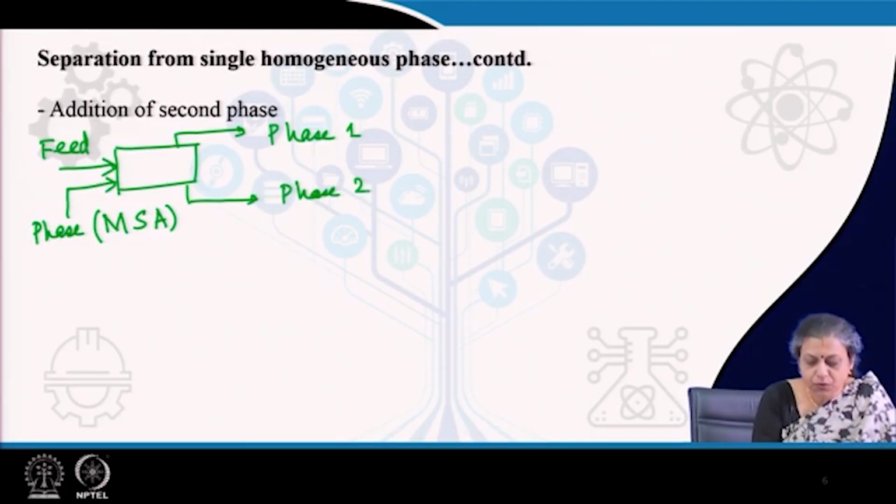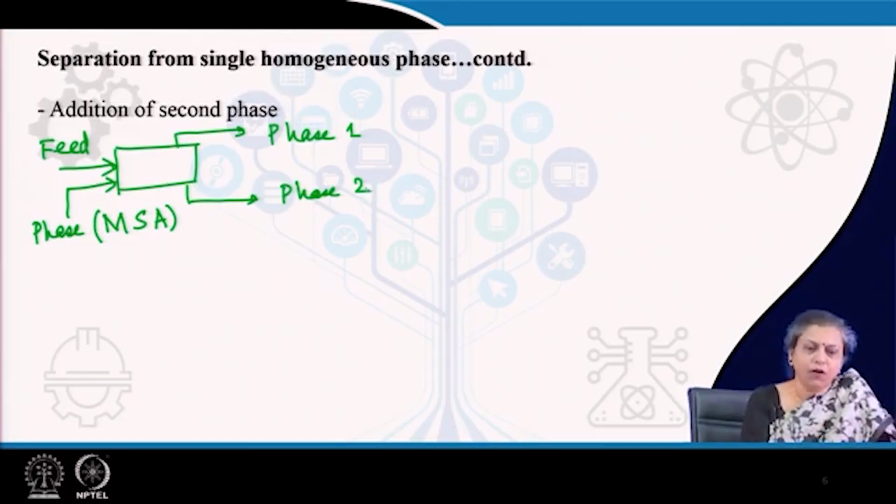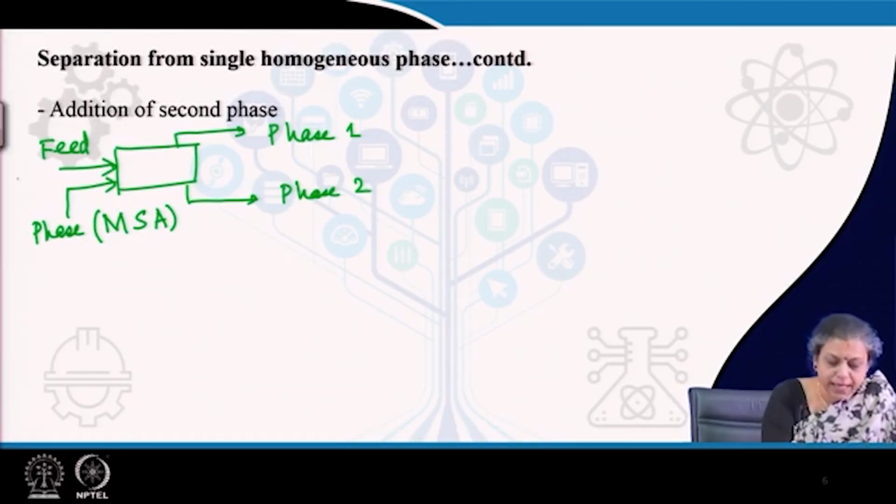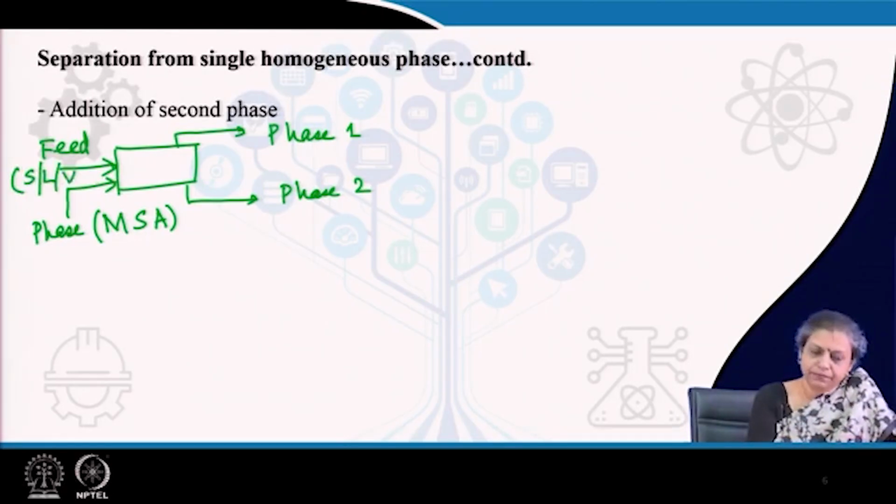This is also one other way of performing the separation. Now, this feed, as I have said, can be solid, it can be liquid, it can also be vapor or a gas.